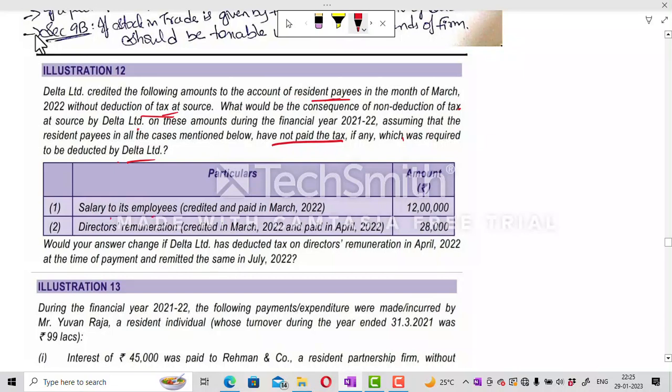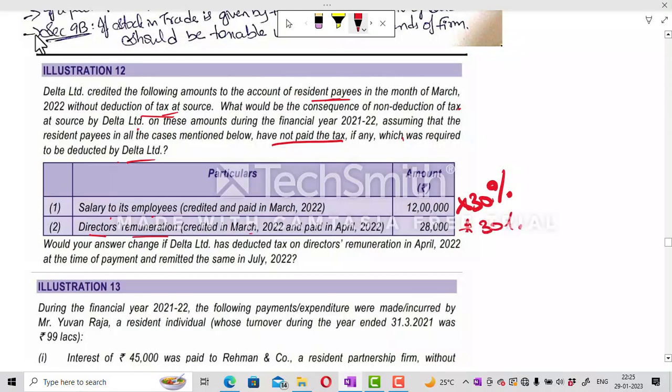Salary to its employees, they have paid 12 lakhs. On this, 30% should be disallowed because they have not deducted TDS and they are resident persons. If it is directors' remuneration, credited in March and paid in April, they have 28,000.